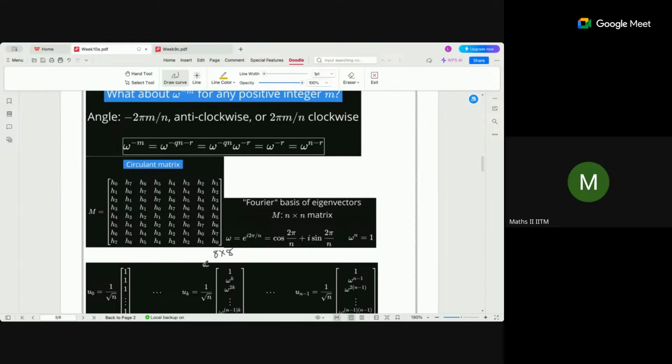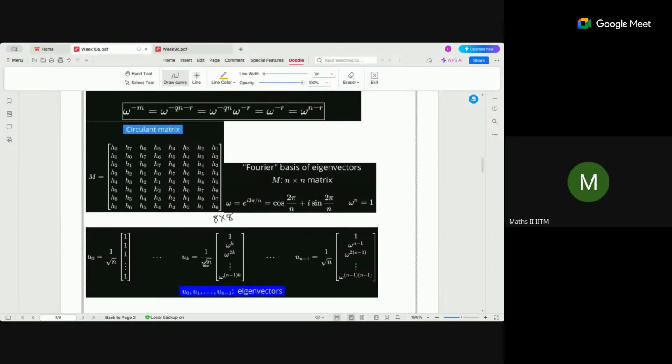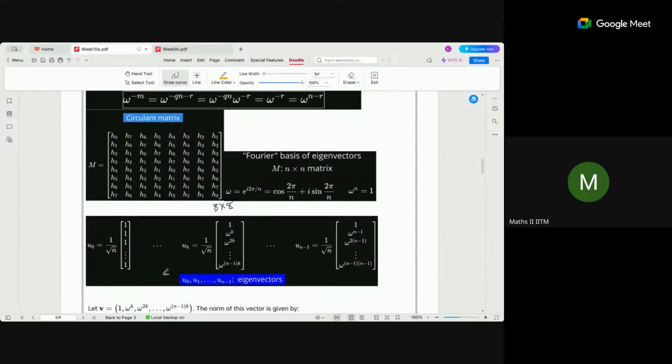Now for a circulant matrix, what is it that we know? We know that these are the eigenvectors. Earlier we have seen the same eigenvector, but with only one change. We did not use this 1 by root n, we just had this. But why is this 1 by root n included? Let us see now.